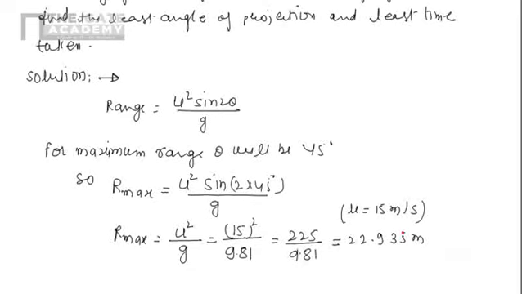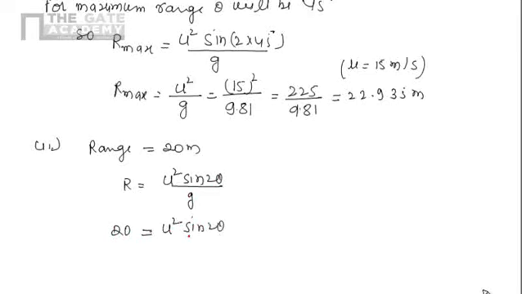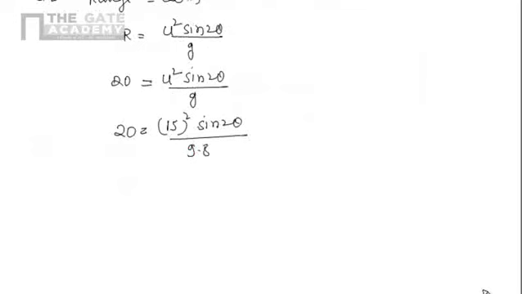So the maximum range for this problem is 22.935 meter. In the second part of the problem, range is given, that is 20 meter. We know range equals u square sine 2 theta by g. Putting the value of range, 20 equals u square sine 2 theta by g. We know the value of u, that is 15. So 15 square sine 2 theta over 9.81.